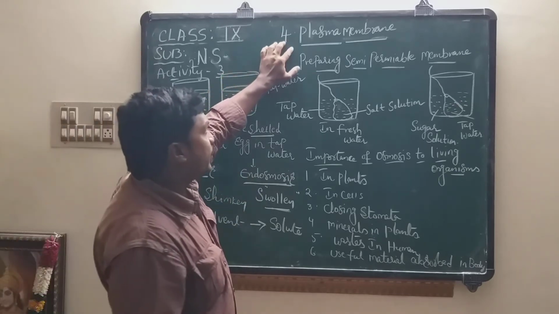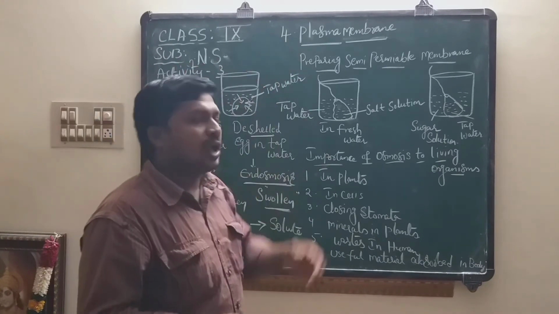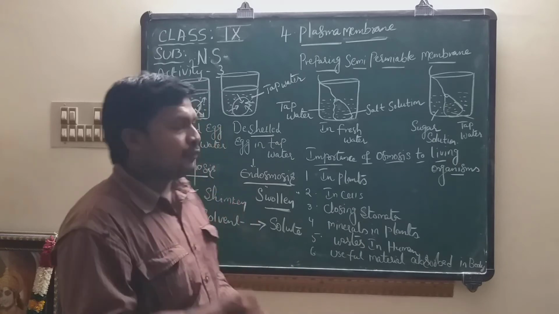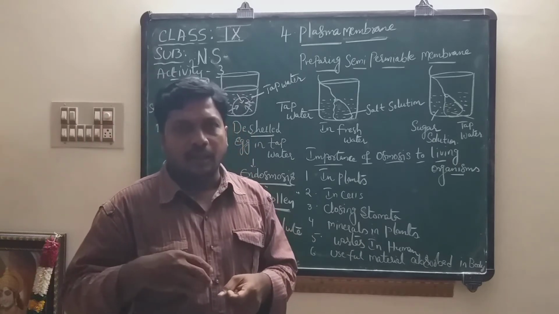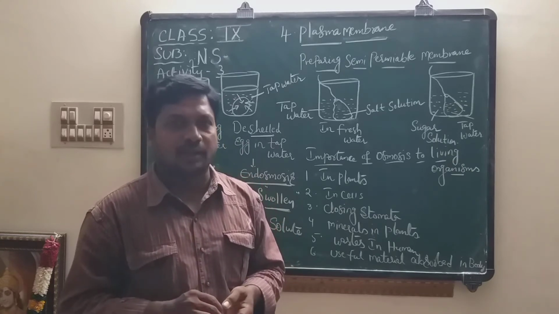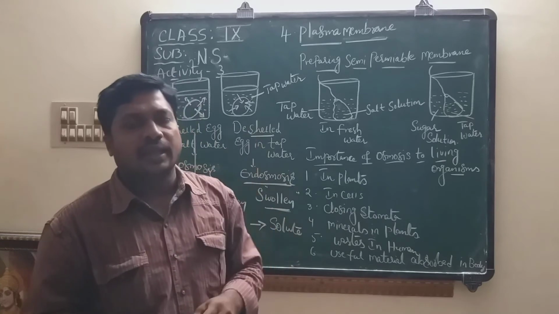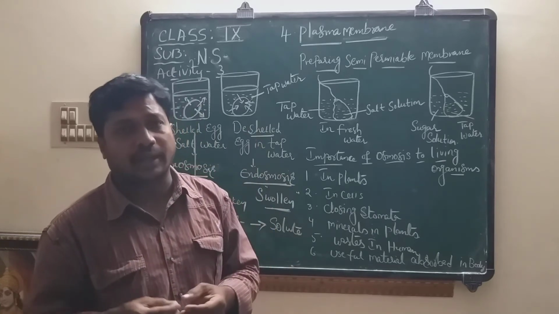Next topic, preparing a semi-permeable membrane. For this, you have to take the egg from the previous activity, or prepare again in dilute HCl or toilet cleaner. Keep a raw egg in dilute HCl or toilet cleaner.